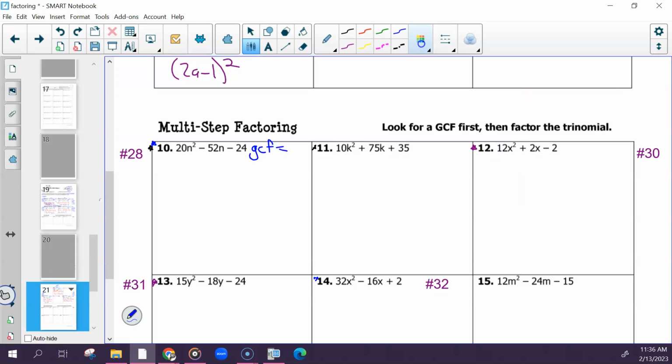Okay. Does this have a GCF other than 1? And what is it, if so?